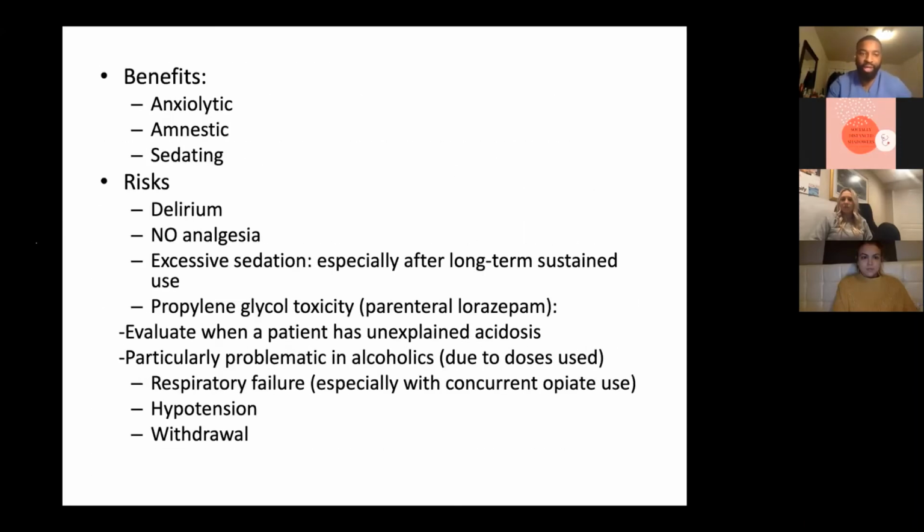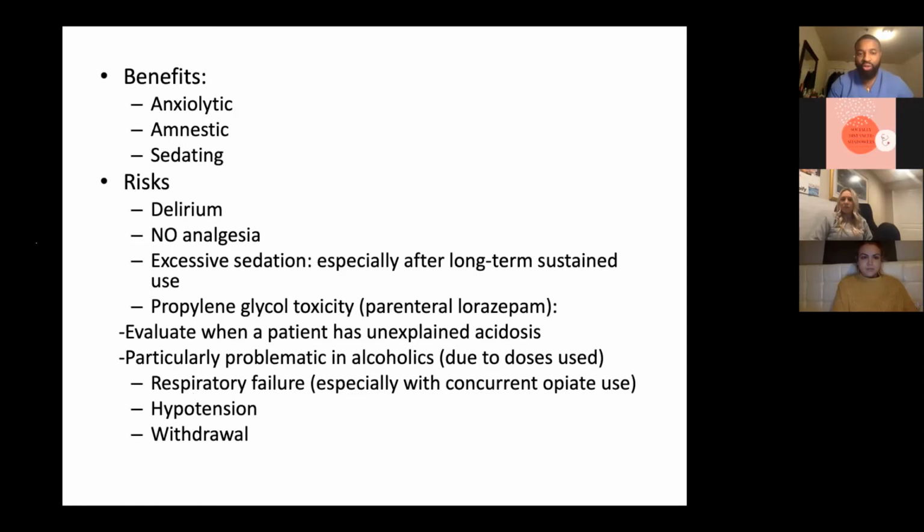The benefits of benzos are that they are anxiolytic, amnestic, and sedating. The risk with this is delirium. They don't give any analgesia. You can get excessive sedation from this, and you get something called propylene glycol toxicity from lorazepam.